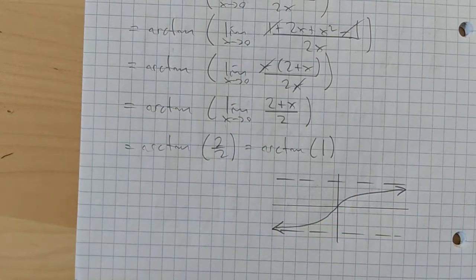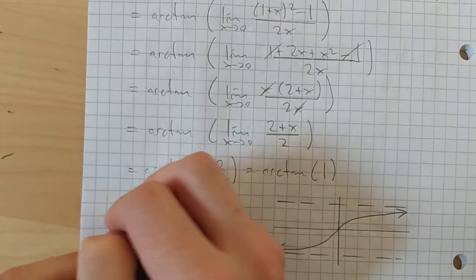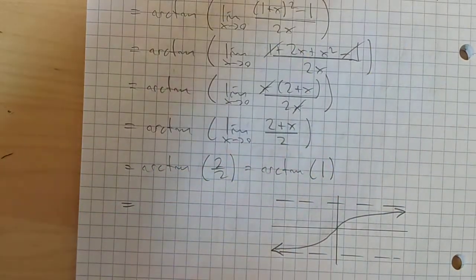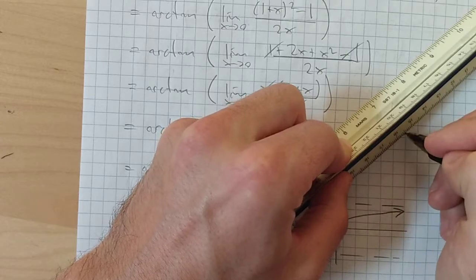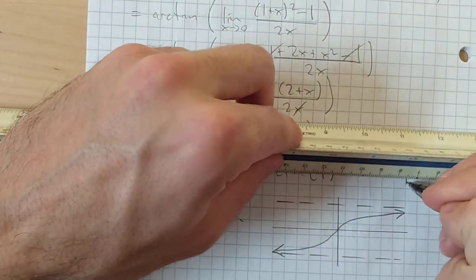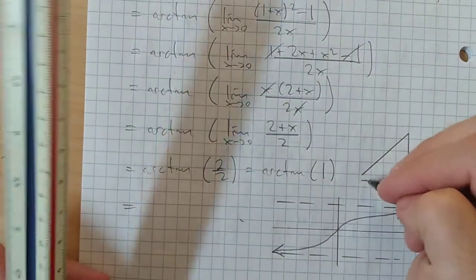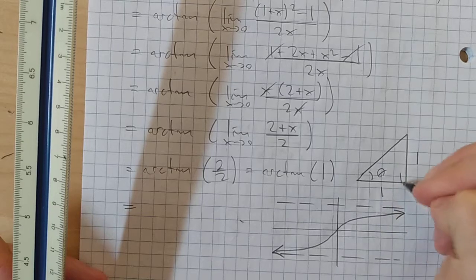So, amazing. We're done. The value of this limit is arctan of 1, and we can actually evaluate arctan of 1 exactly because, well, what is arctan of 1? You've got a right angle triangle here where this angle has a tangent, tan of that angle is 1.